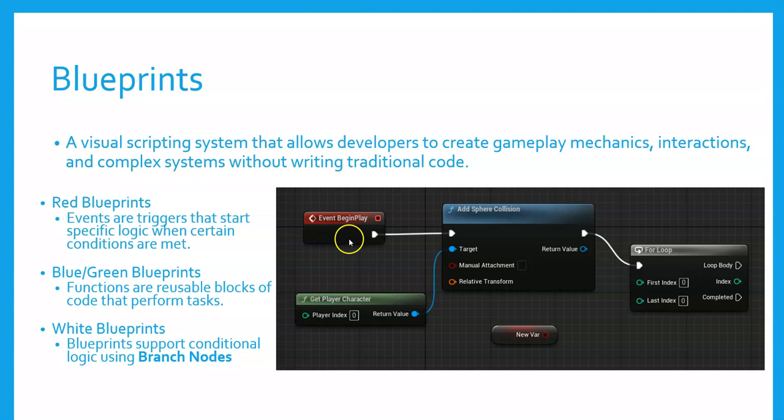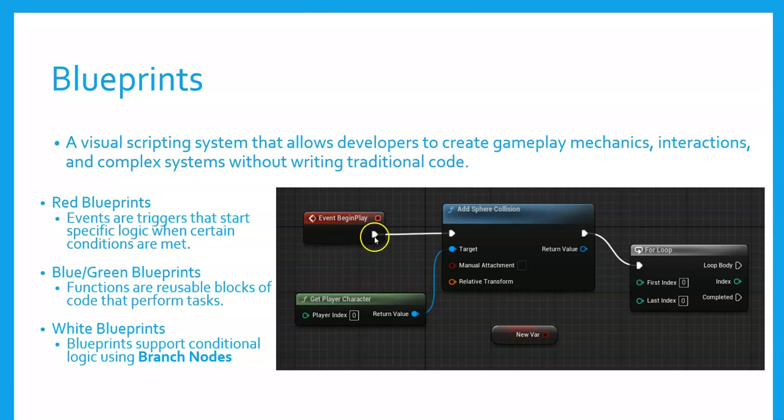What I have listed here is Begin Play. So when you start playing the game, like when you hit that green button for play, this is going to happen. You can see that it's always with a red border here, and it has a little square icon right there.